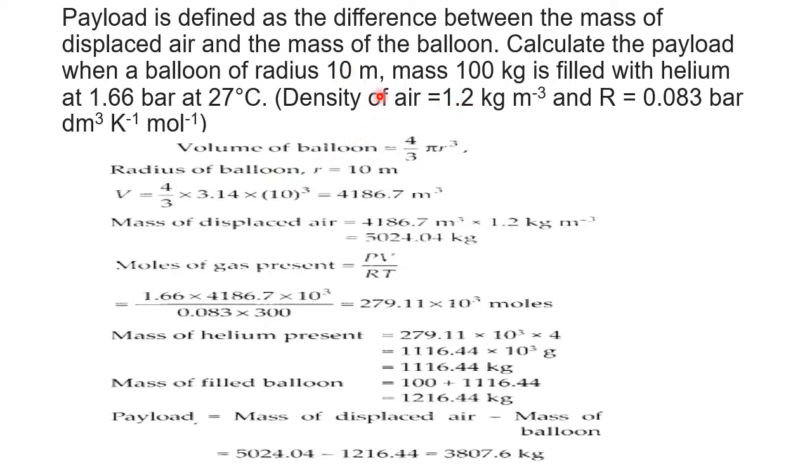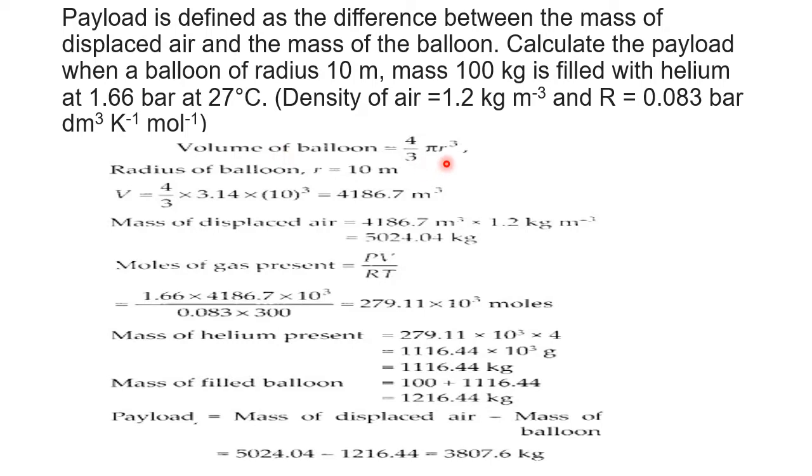Now let us calculate the volume of the balloon first. Here the balloon is taken as a sphere. It is presumed, though it is not exactly that shape. So volume of balloon is equal to 4 by 3 pi r cube.